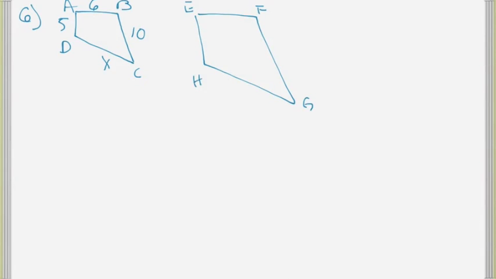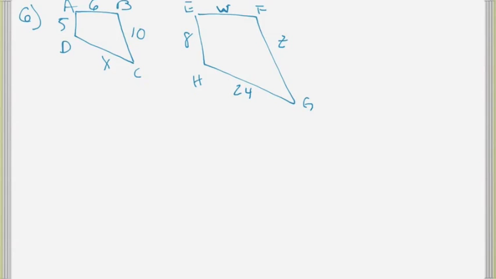And we are told that these two quadrilaterals are similar to each other. And they're similar kind of in their orientation of the way that they're drawn. So everything is just matching up nicely and neatly. Nothing's flipped over or upside down or backwards. So it's kind of convenient that way.